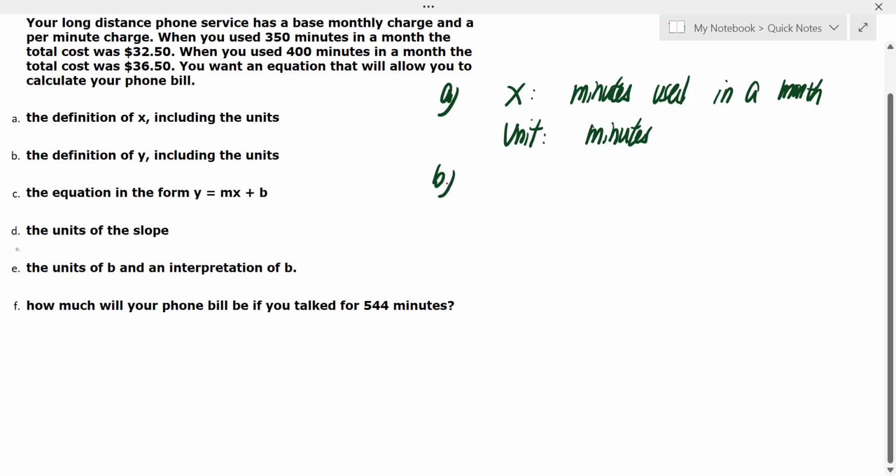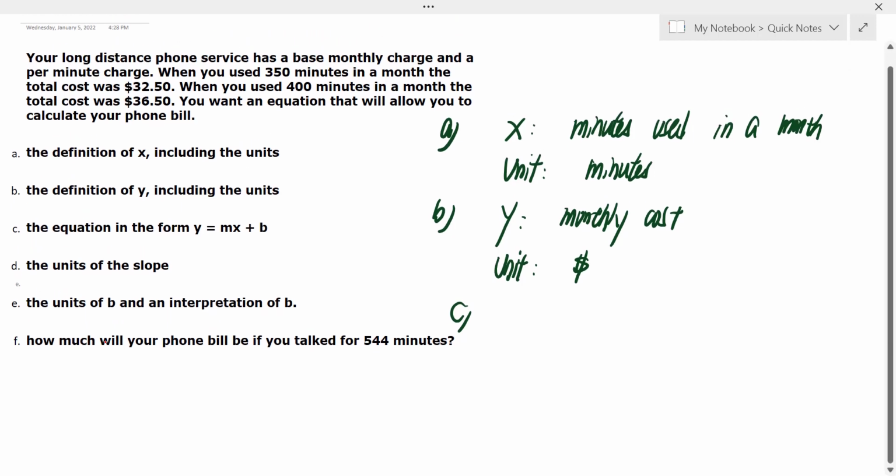So the total monthly cost depends on the minutes used. So the y value should be monthly cost, monthly charge. And then the unit here must be dollars, right? Dollars. And part C is finding the equation in the form y equals mx plus b.